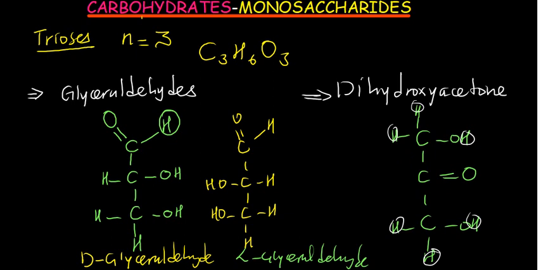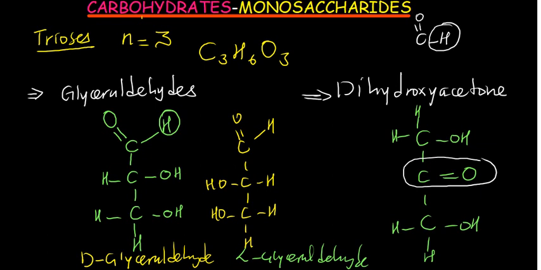So this carbon here, well, I said the carbonyl functional group looks like this. Looks like that. At times, the hydrogen will not be there. Like here, we don't have a hydrogen, but this is still a carbonyl functional group.